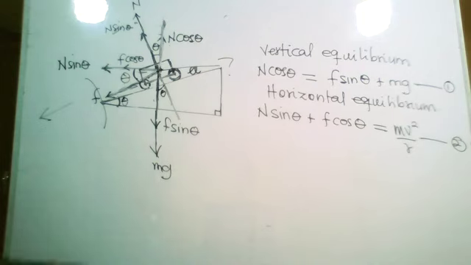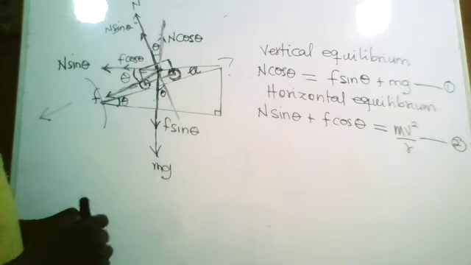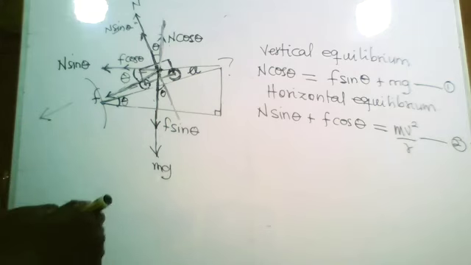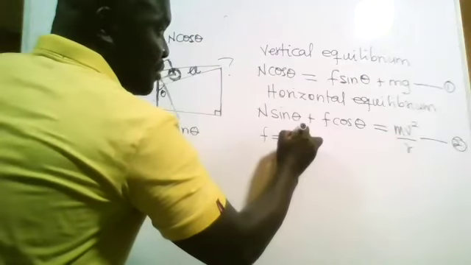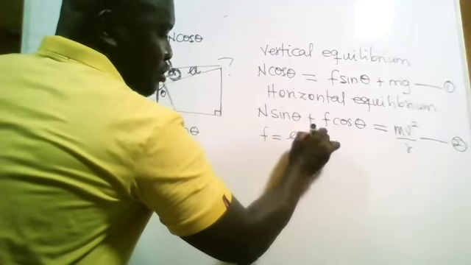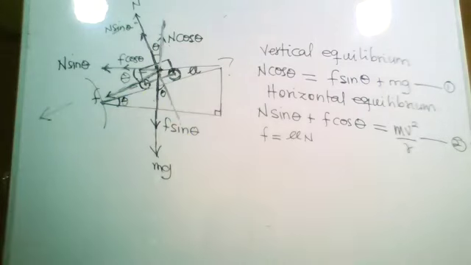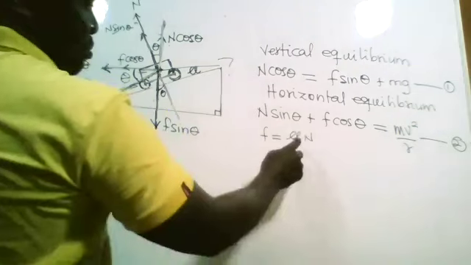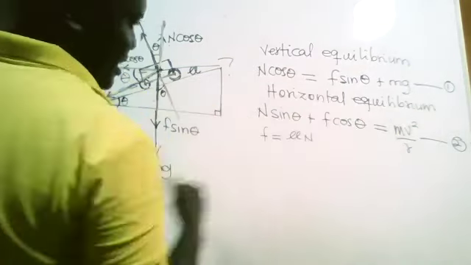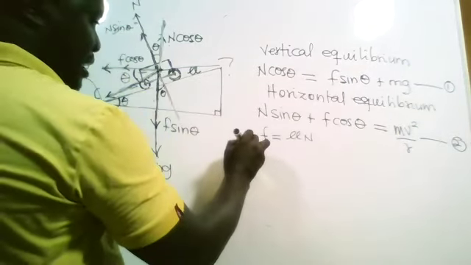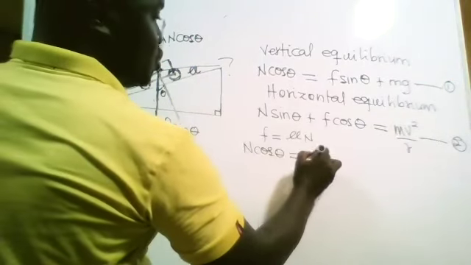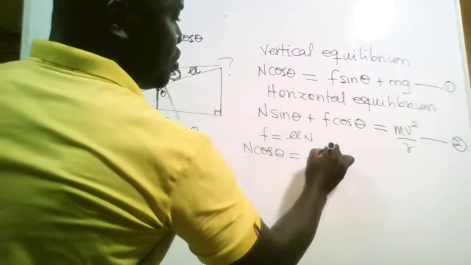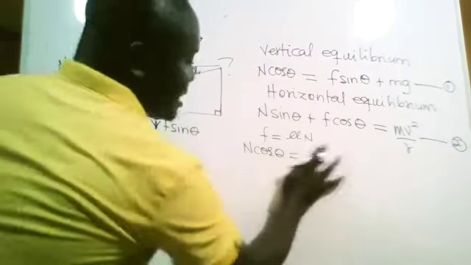All right, so we have these two equations. Now, frictional force is given by mu times the normal reaction. So let's substitute mu N into each of these equations. So N cos theta is equal to mu N sin theta plus mg.